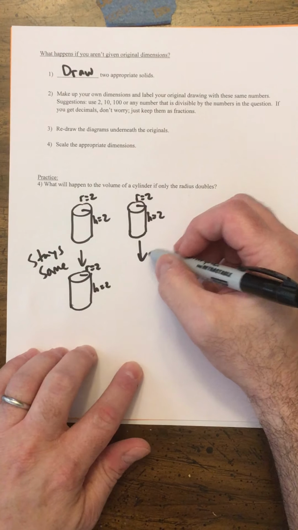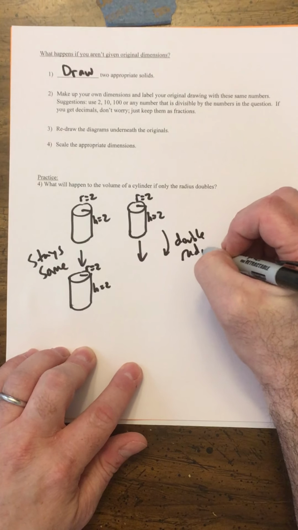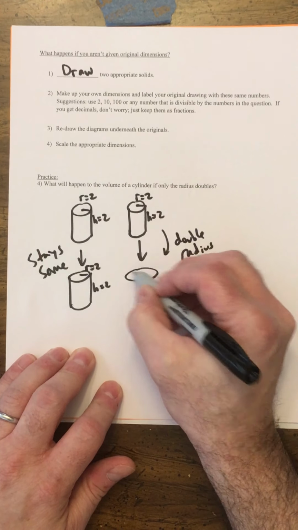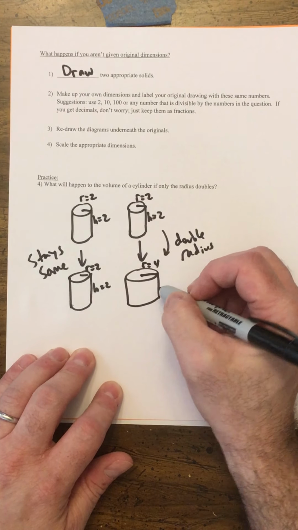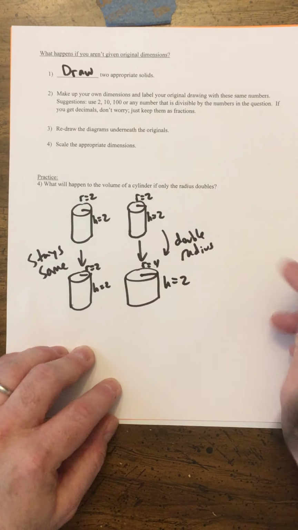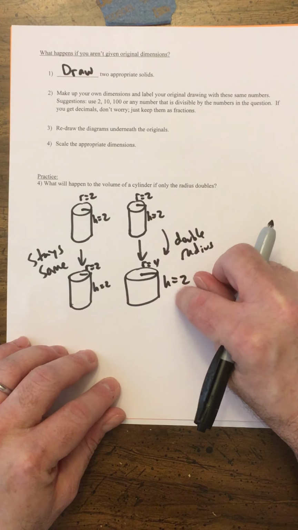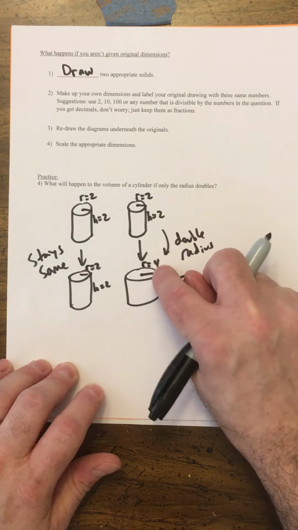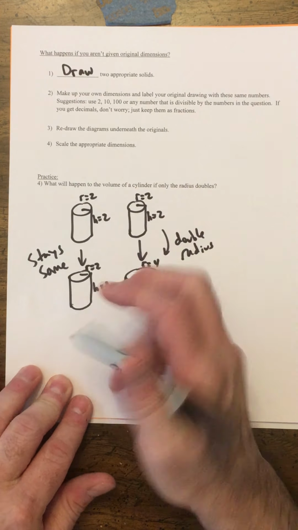This one, I'm going to double the radius. Okay, so here the radius is going to be 4. The height is not going to change. So now I have my original and my new cylinder with a larger radius, double, right? So let's actually compute the volume from the original.